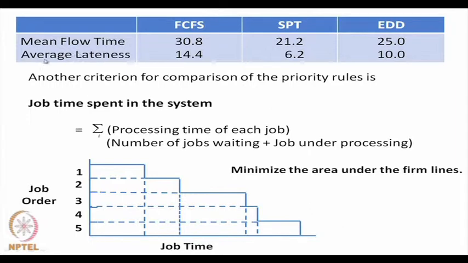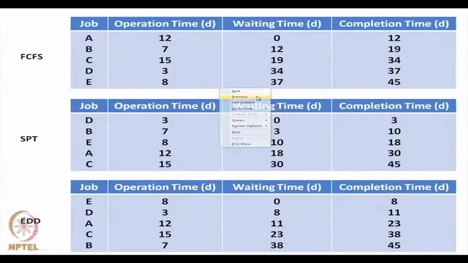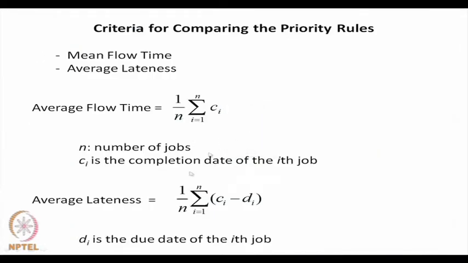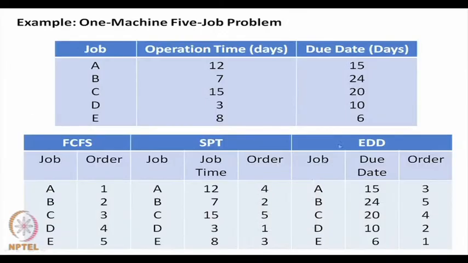If we follow average lateness as the criterion, recall the average lateness is the average of the completion time minus the due date. The due date values are given here.